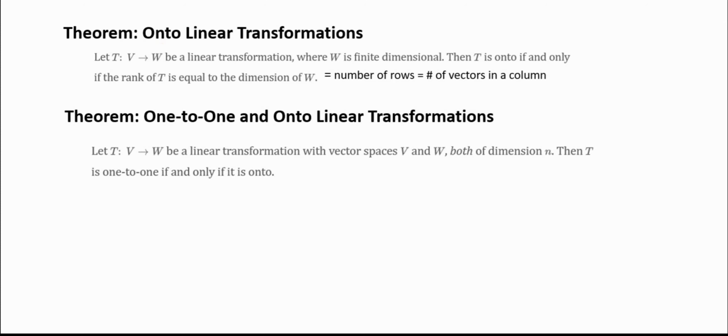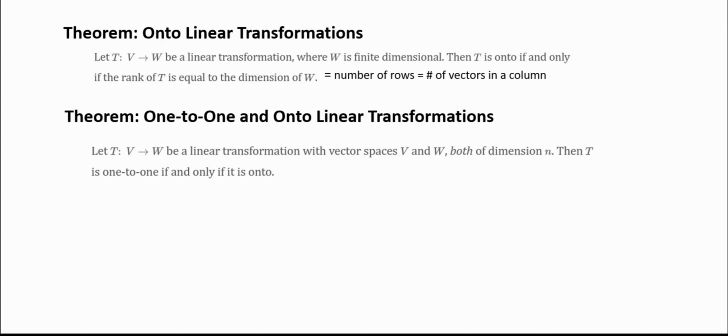To be exact, the dimension of W is countable: the number of vectors in the basis, there's n of them I can actually count. Sometimes we can deal with infinite dimensional vector spaces.